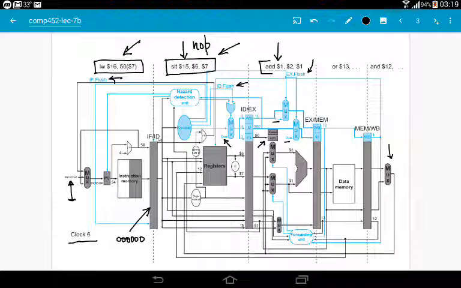This value is 8000-0180. It is going to be loaded into the program counter, and the instruction for data memory will be pulled up.